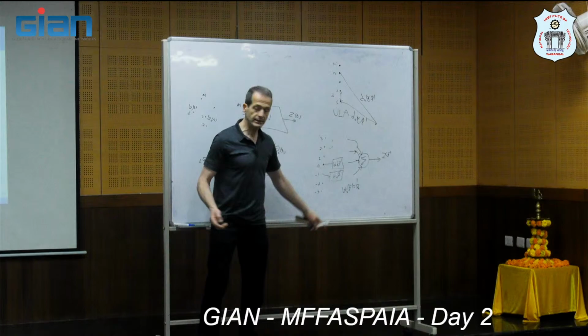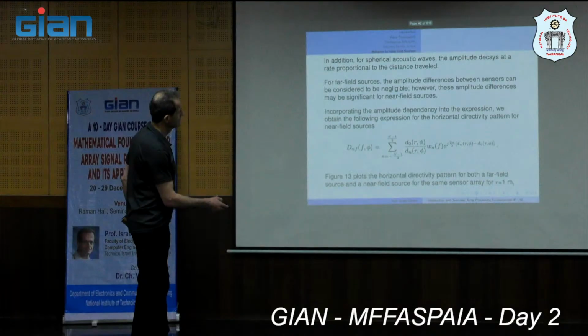Okay, and another thing that I want to emphasize, when we took this equation, so the near field, you see that if I go back to this equation, this is the directivity factor that was obtained for far field.